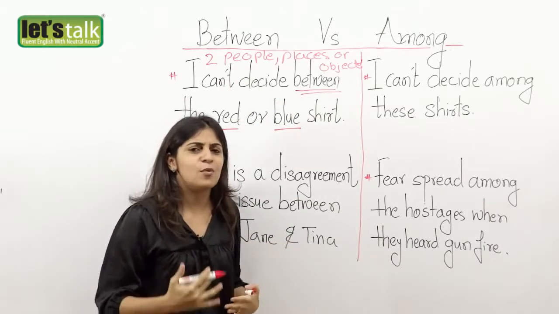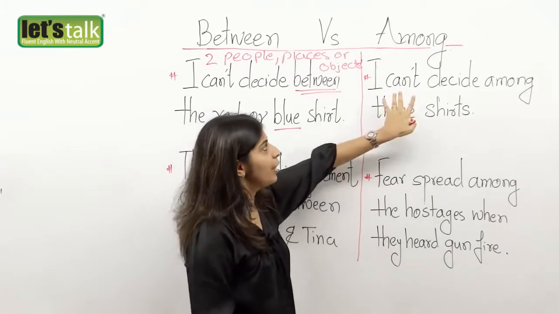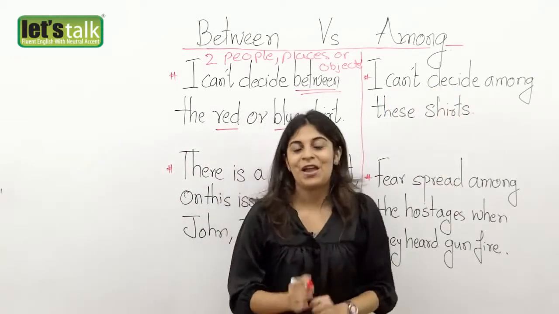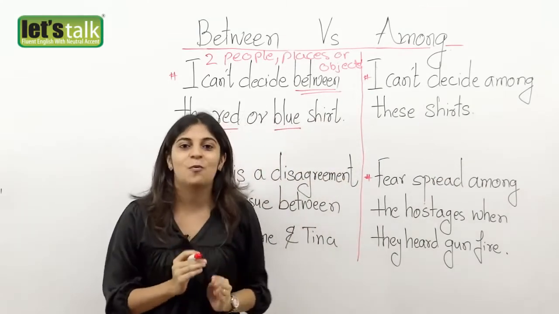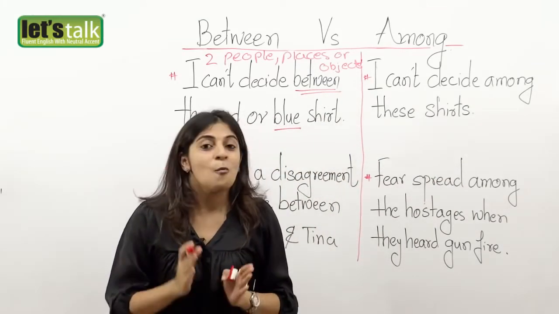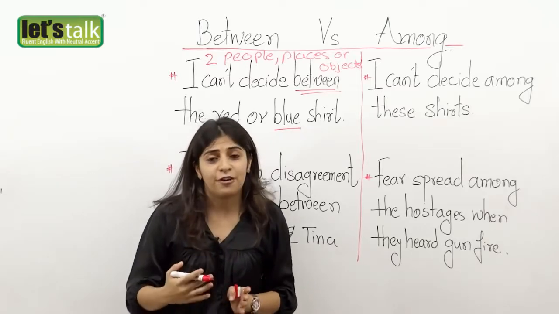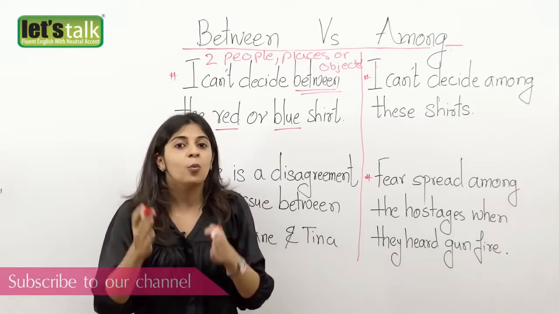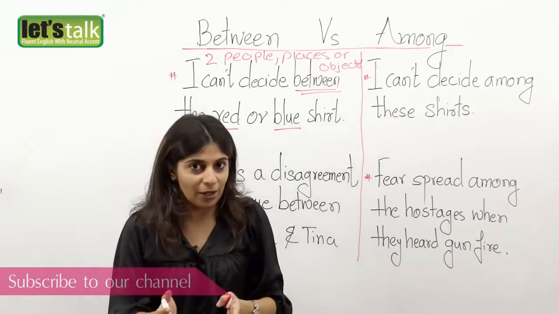So when do we use the word among? Now here, if you see, I can't decide among these shirts. Okay, first let me explain when we use the word among. When we are referring to more than two people, two places, or two objects, we use the word among, okay?